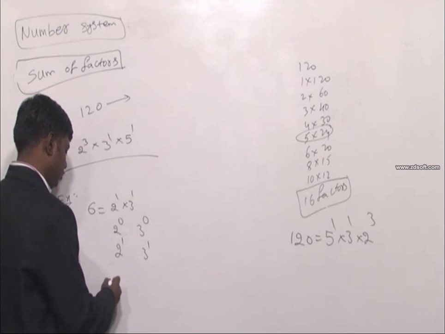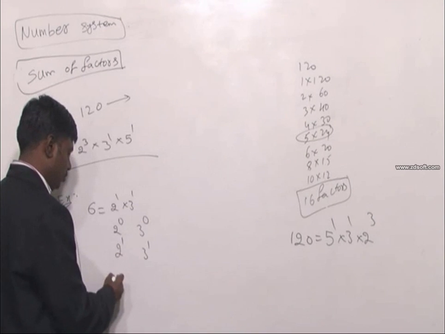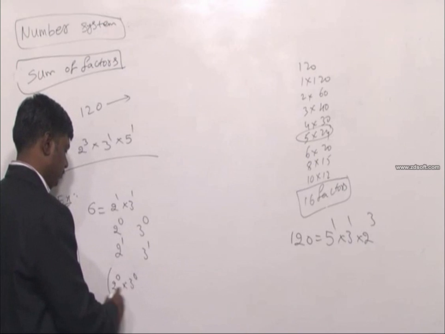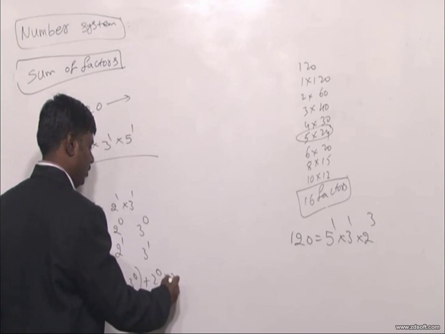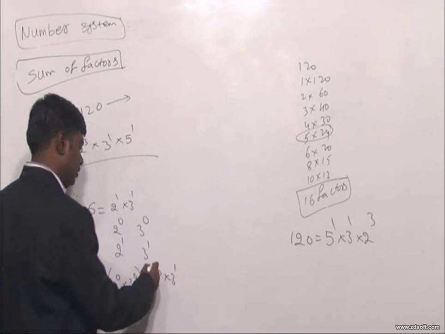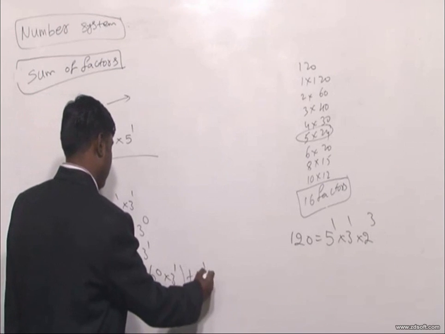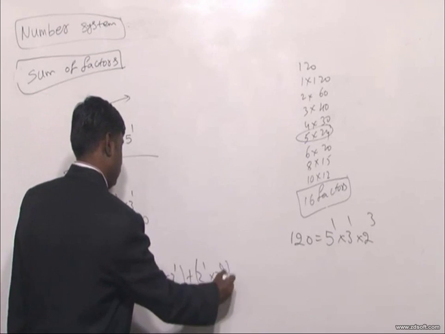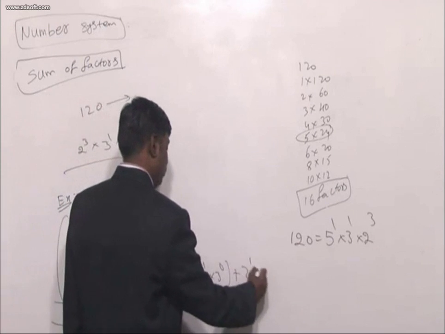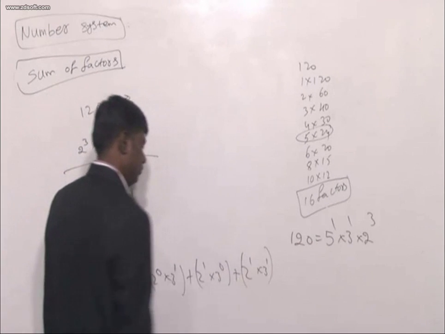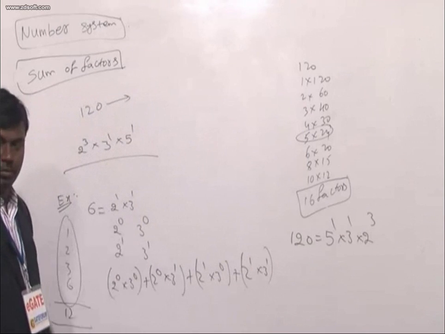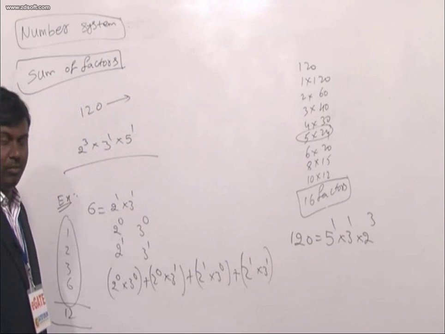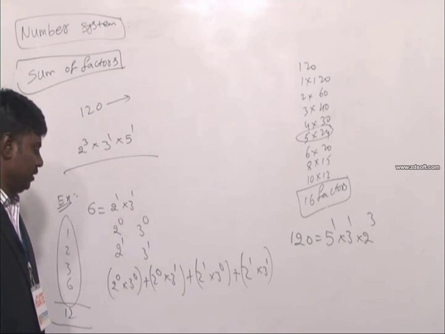What are the combinations? 2 power 0 into 3 power 0 plus 2 power 0 into 3 power 1 plus 2 power 1 into 3 power 0 plus 2 power 1 into 3 power 1. With each combination you get one factor. Sum of all these gives the sum of factors.